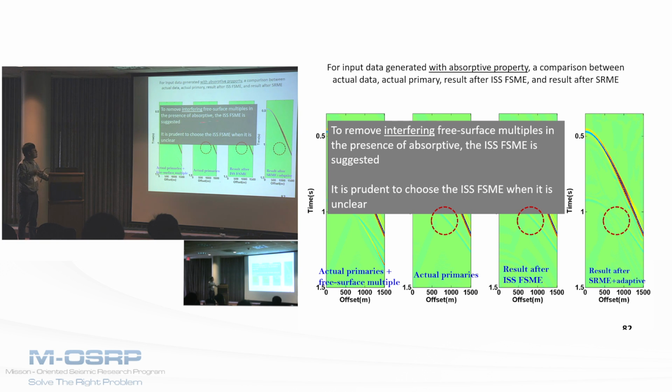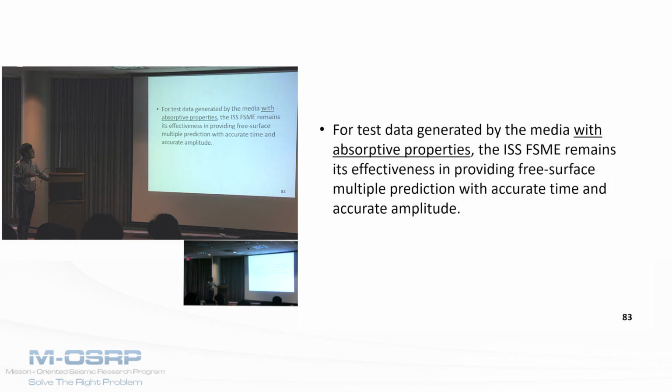And it is prudent to choose the ISS method where it is not clear if a free surface multiple is interfering with the primary. So we draw the same conclusion: the ISS free surface multiple elimination algorithm remains effective, providing accurate time and accurate amplitude.